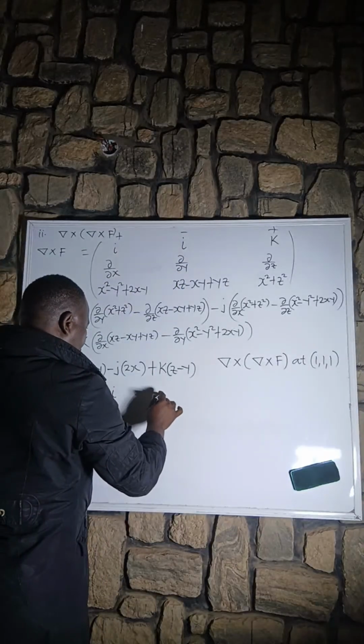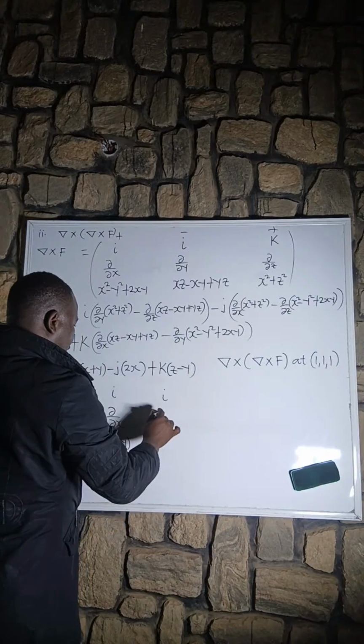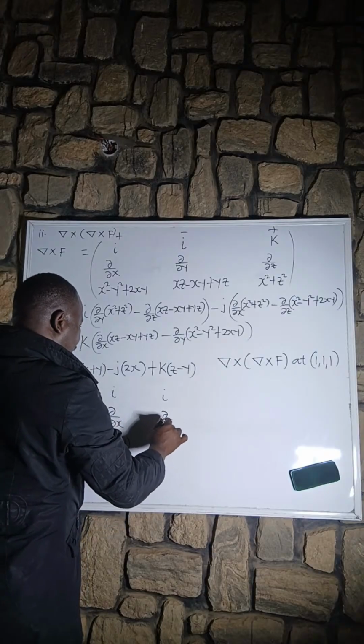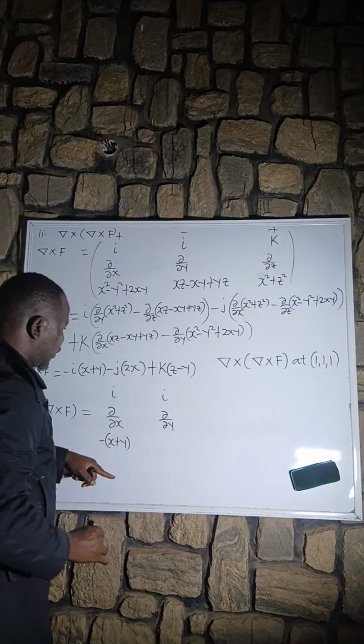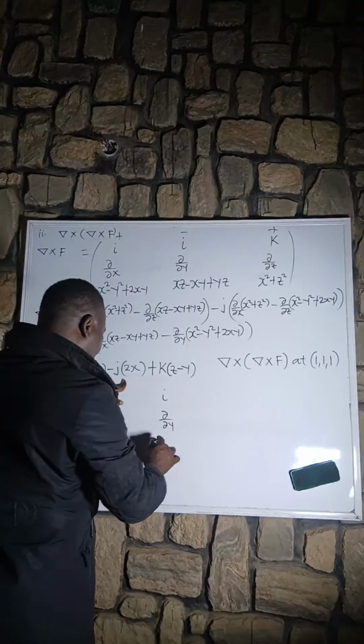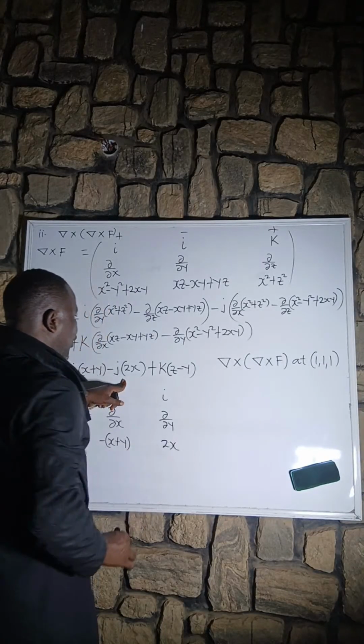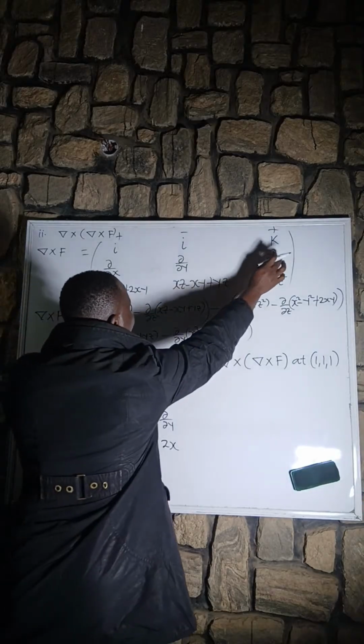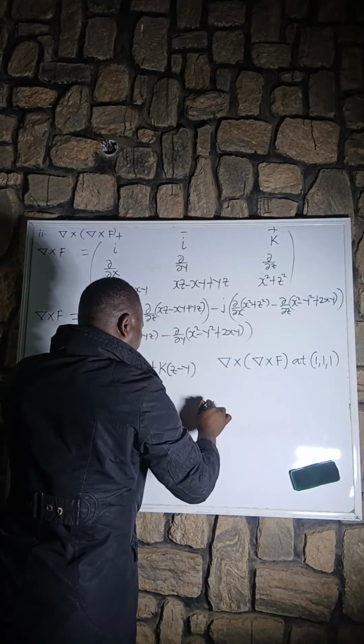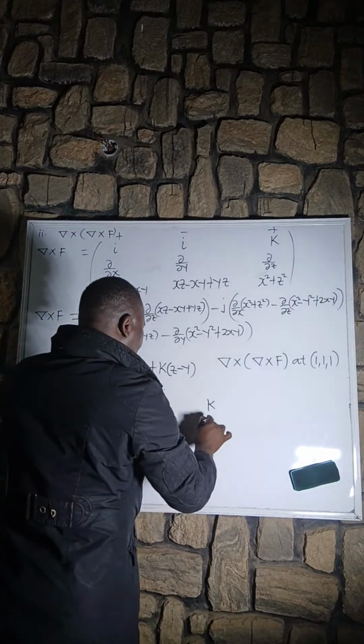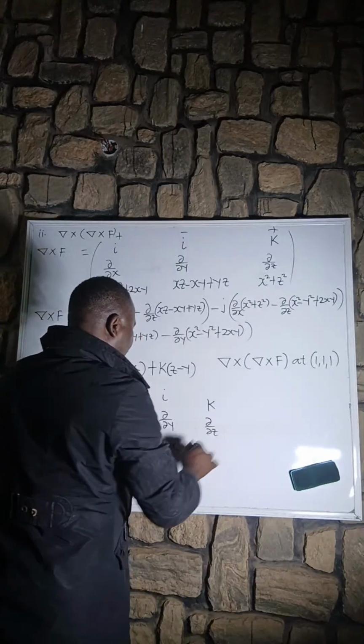Then j: partial all over partial y, true or false. Then the j component is 2x. Then k is partial all over partial z.